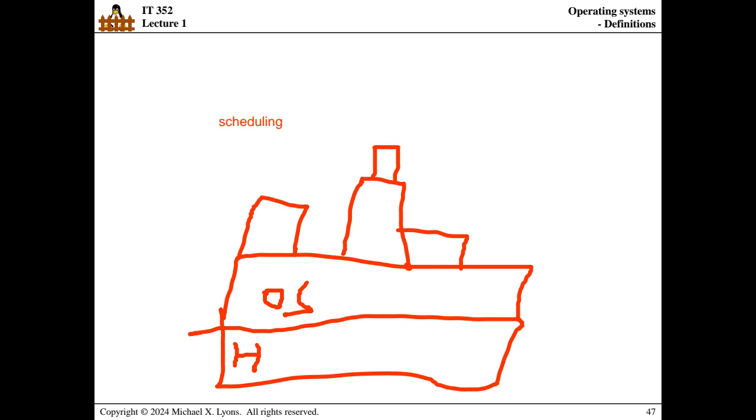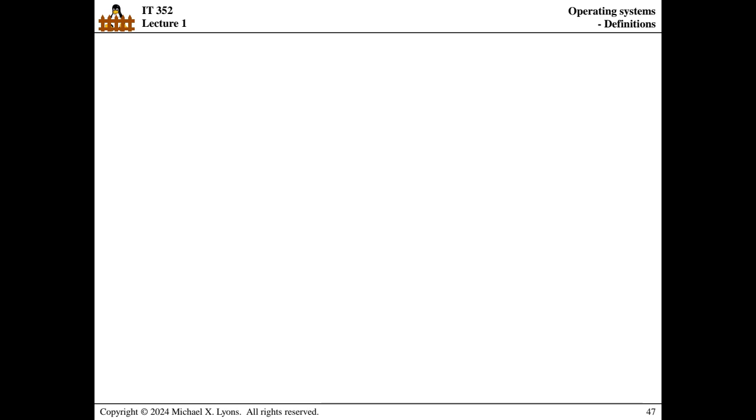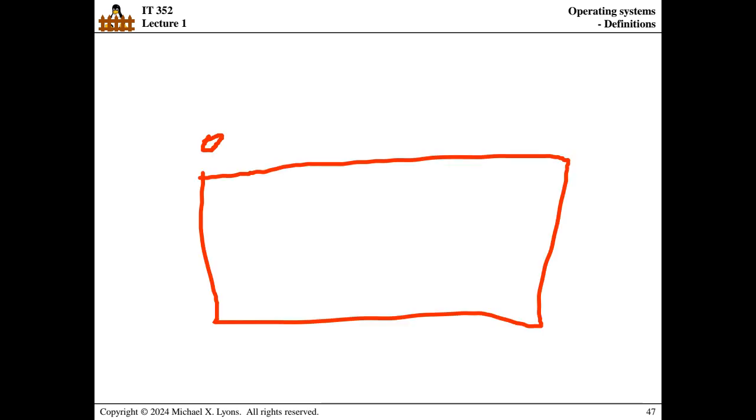Oh, and another thing, so we talked about layers within the operating system. Let's erase this. So within the operating system itself, someone mentioned the kernel. The kernel, with a K, is the essential part of the operating system, and then there are pieces.